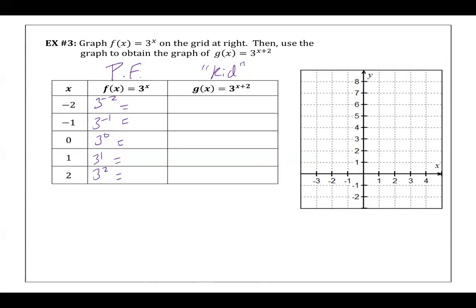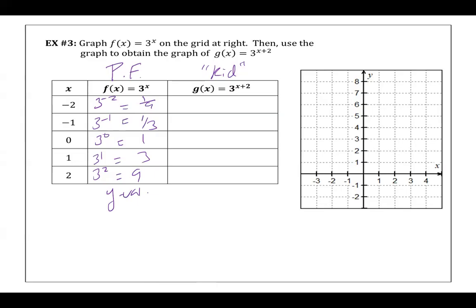Well, what's 3 squared? 3 squared is 9, but because it's negative, that means it's unhappy in the numerator and it belongs in the denominator. 3 to the negative 1 is 3. It's unhappy in the numerator, so it belongs in the denominator. And then 3 to the 0 is 1. 3 to the 1 is 3. 3 to the 2 is 9. These are my y values, correct? We all agree?